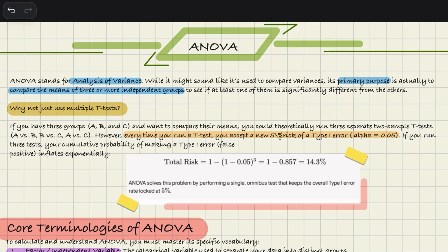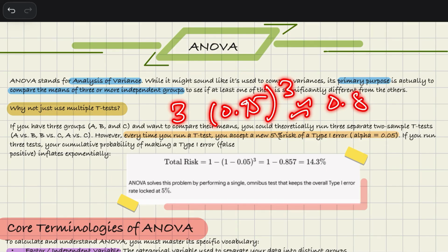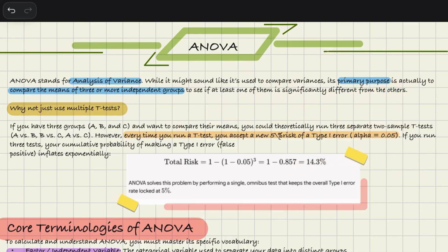Mathematically, the probability of not making an error across 3 tests is 0.95 cubed, which is approximately 0.857. So your actual cumulative risk of making a type 1 error has inflated to 14.3%, and that is very much.